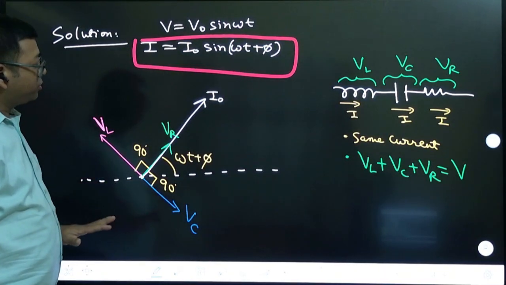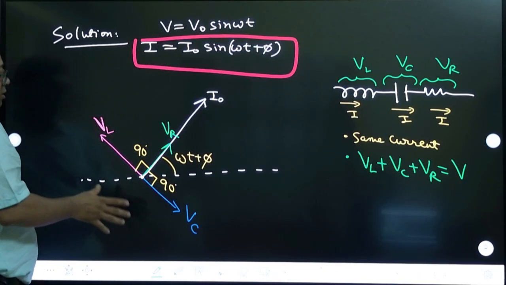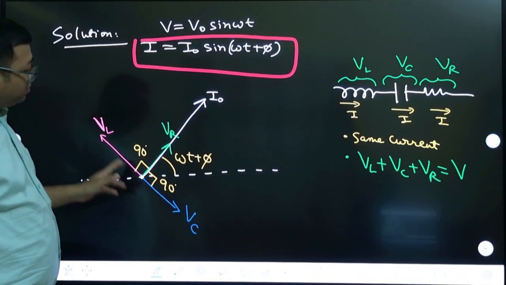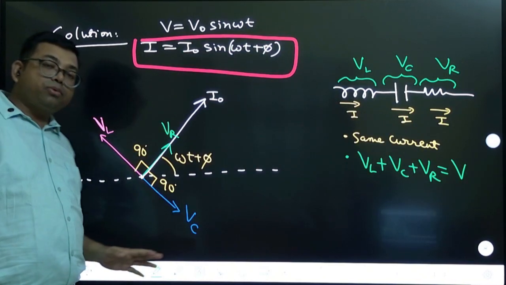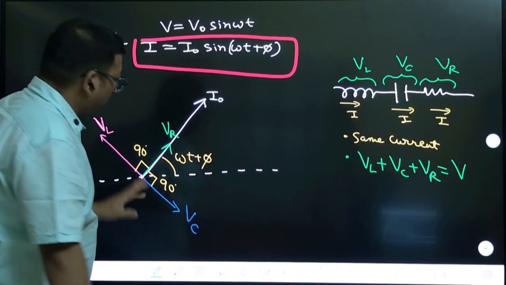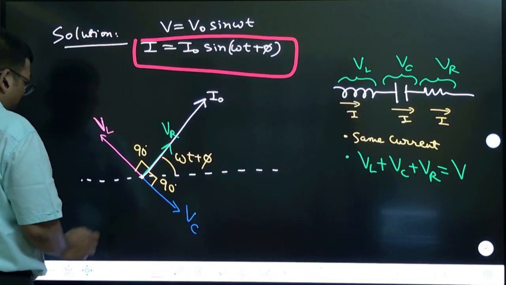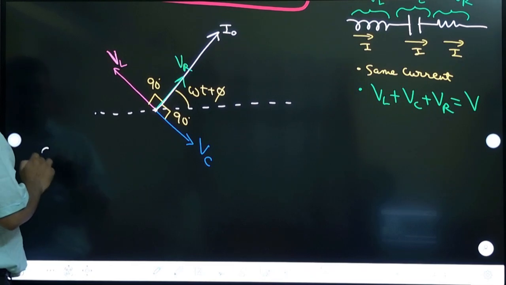Let us add the amplitudes. Vectors we will add. It will depend on which vector is larger, because VL and VC are opposite, right? So which is larger? We can take three important cases. Now we are going to take three important cases. First, case 1.